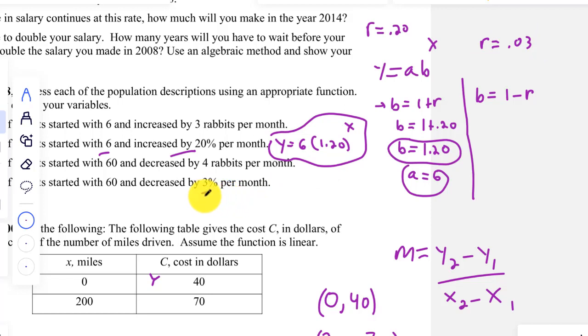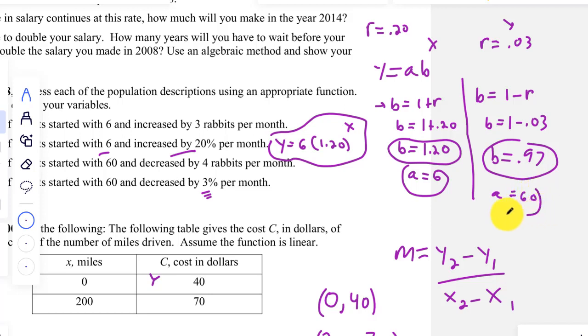Right, because it's decreasing by 3%, so 3% as a decimal is 0.03. So I do b equals 1 minus 0.03, b equals 0.97, and the initial number of rabbits was 60, so a equals 60. So we can write y equals 60 times 0.97 raised to the x. All right, that's my answer for number 98.